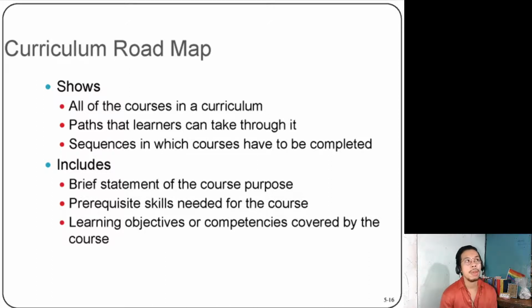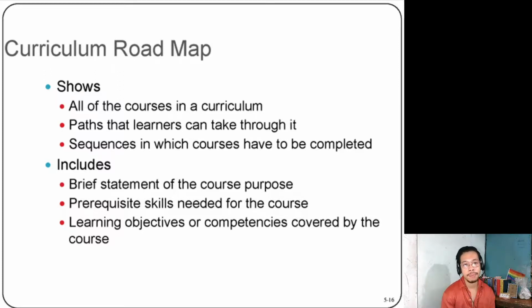Another example is when you take psychological assessment in USPF, you cannot take the subject if you haven't taken psychological statistics, because psychological statistics is the language of psychological assessment. So it will be challenging and difficult for the students to take if they have not learned the language of psychological assessment, right?